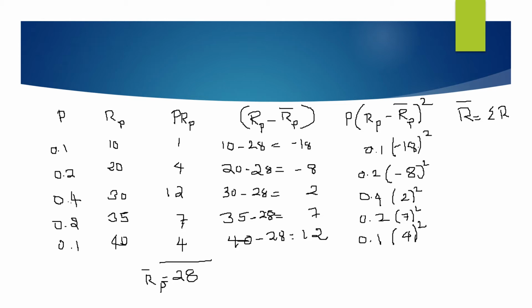The summation of these gives the variance. The square of RP minus R bar P is the variance, and standard deviation is nothing but the root of variance. So for that, do the summation. The value you are going to get is 71.